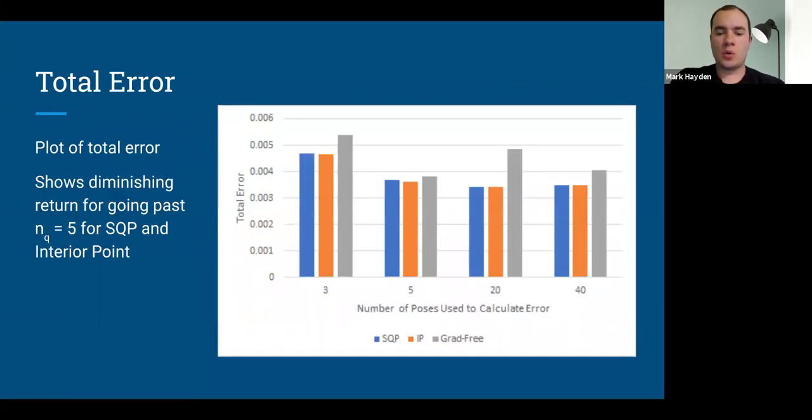This plot shows the total error between each of the 3 methods over various numbers of poses used to calculate the error. You can also see that it shows the Nelder-Mead performing worse than the other 2 options, and that the error between the SQP and interior point between 20 and 40 was also very comparable.